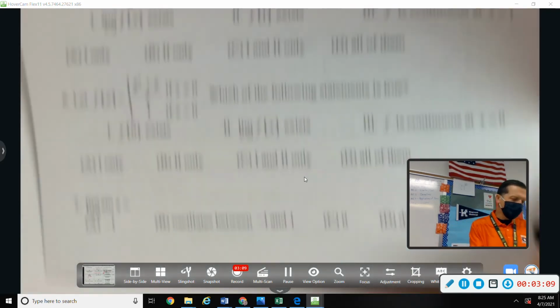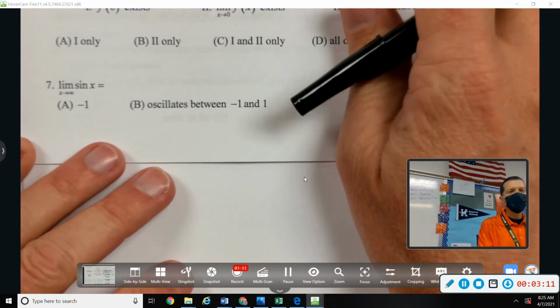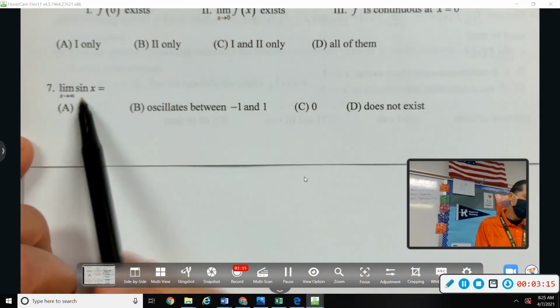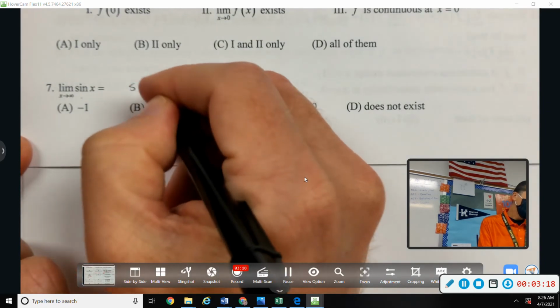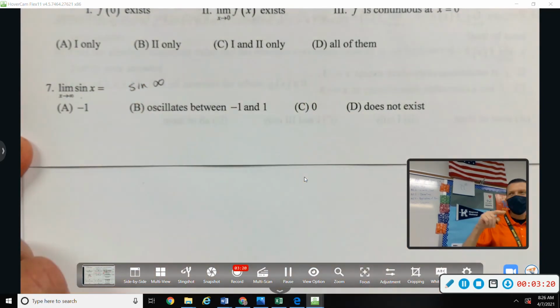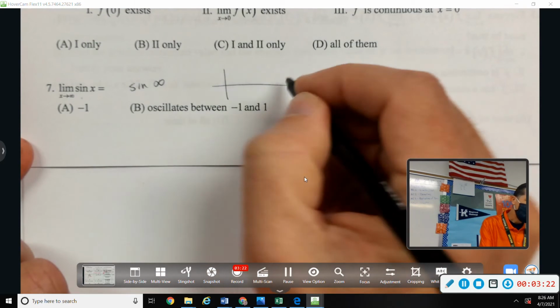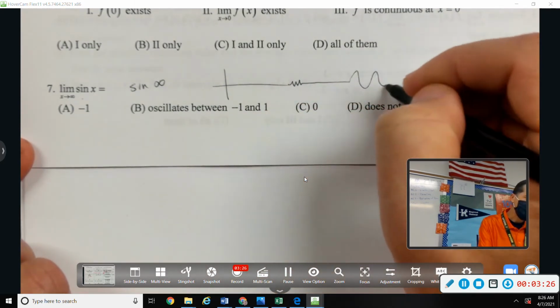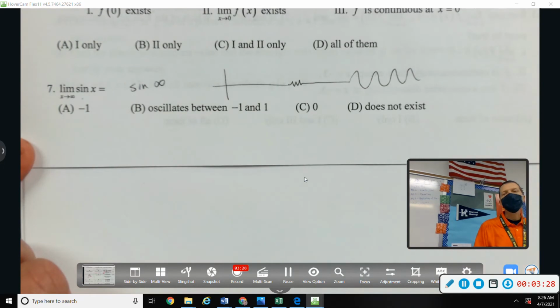7 is real similar. 7's kind of tricky. I don't think they would do this on the AP test. Limit as x goes to infinity. Well, sine of infinity, as the number gets bigger and bigger, even way out there, the sine graph still just oscillates.